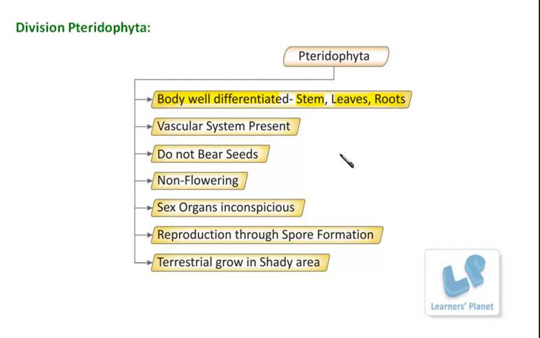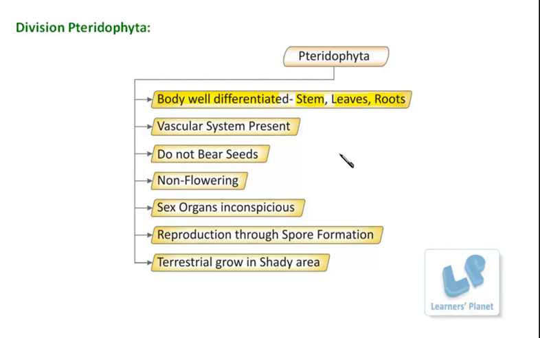If you remember, it was not present in the case of thallophyta. In thallophyta, the body is simply like a thallus, or just like a colony, right? Further, if you look at the features of bryophytes, you can see that the body is a little less differentiated as compared to pteridophyta.